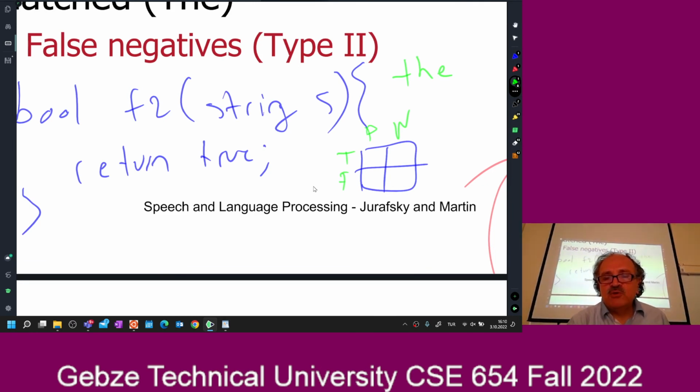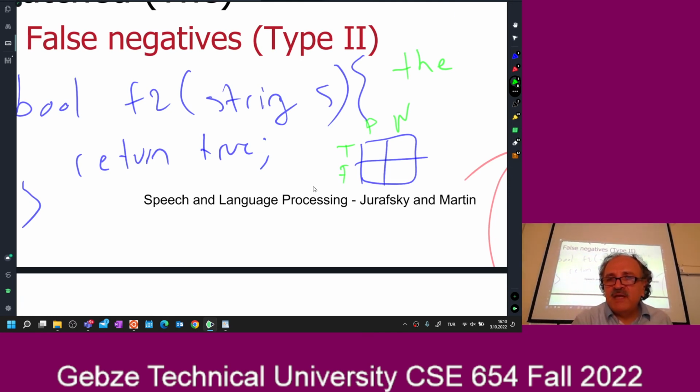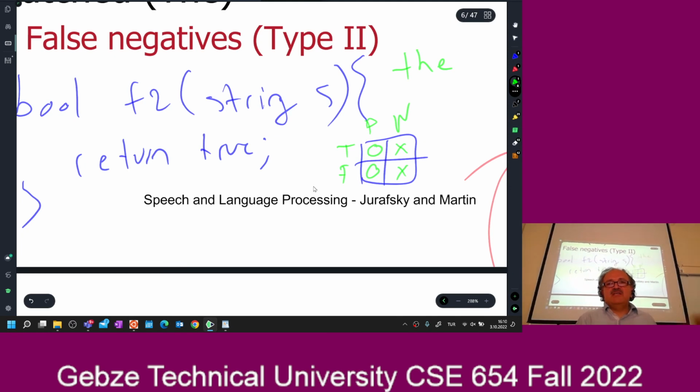It gives me a bunch of results back. It always says everything is true. So half of the results will be in this box, true positives, half of them will be false positives, but it is not going to say anything inside true negatives and false negatives, because it never says anything about the negativeness, right?